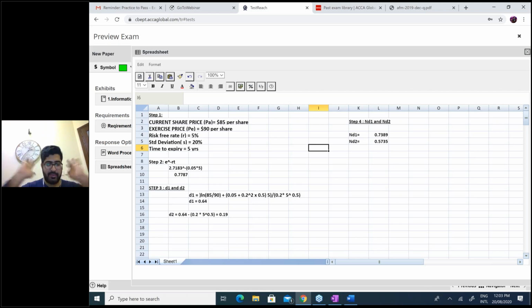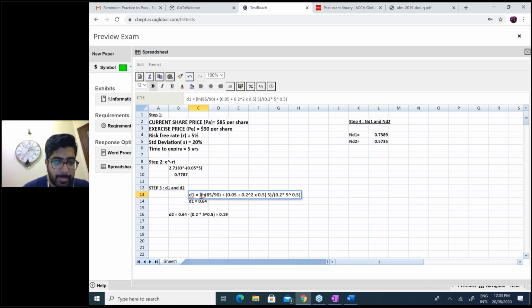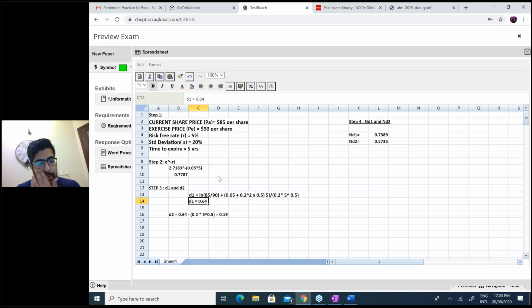Then D1 and D2. The D1 formula is given: ln of 85 over 90, PA over PE, plus 0.05, that is R, plus S squared into 0.5 T, divided by S root T. You get D2 as D1 minus S root T.